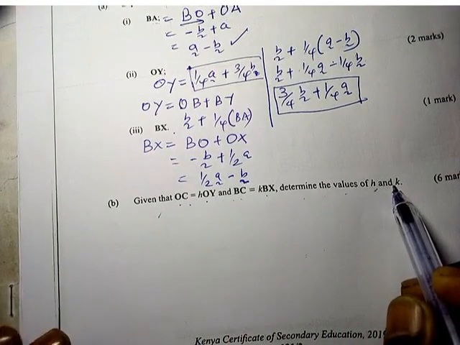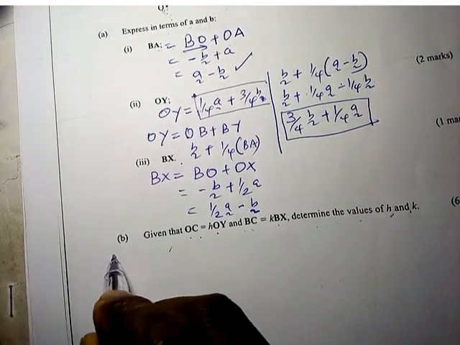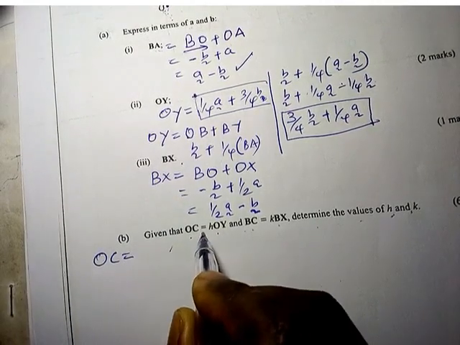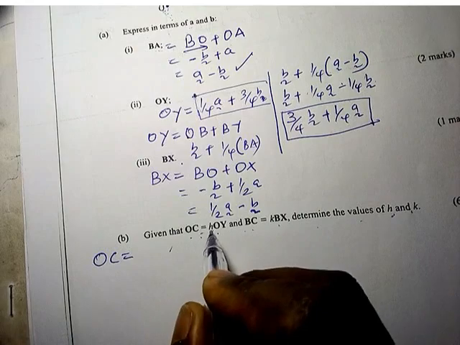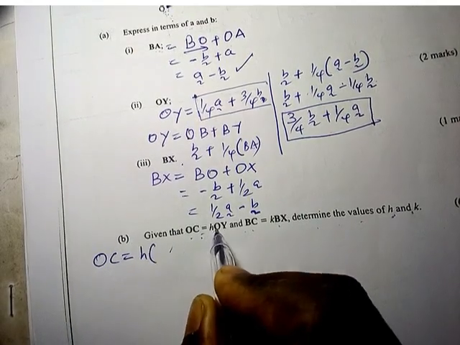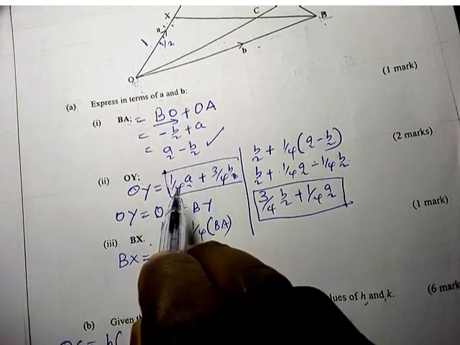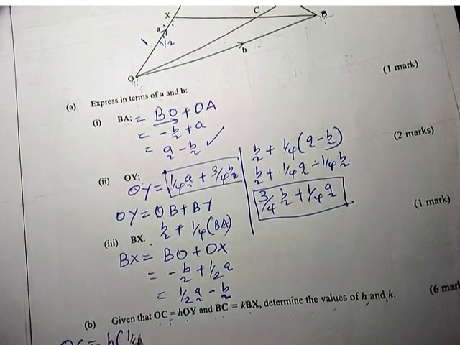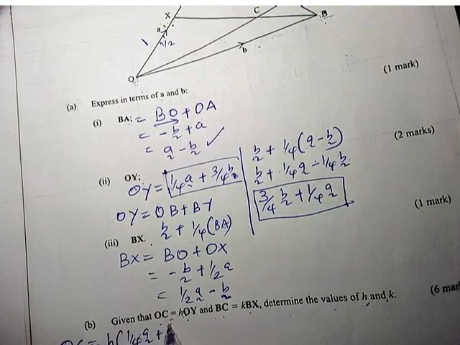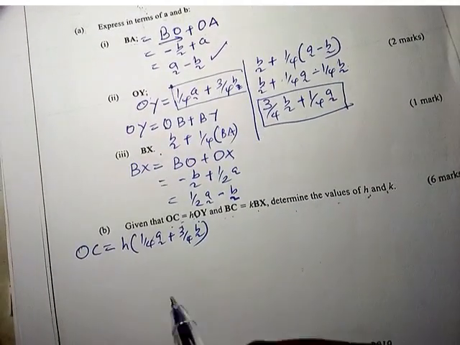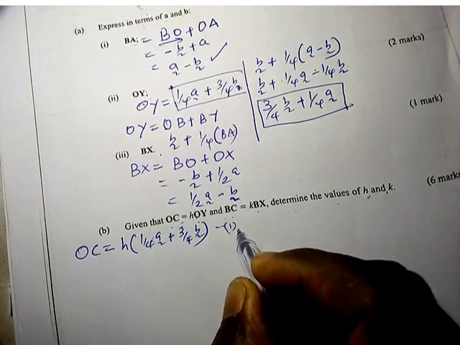K. So we have been given OC equal to H into OY, but we have OY. So into 1 over 4 A plus 3 over 4 B. That is the one way we can write it.